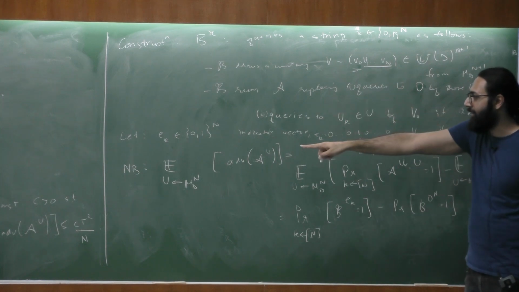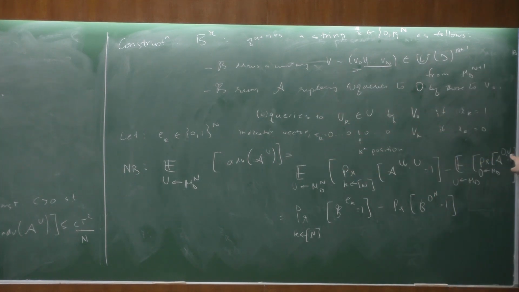That's exactly the setup that we had here, that O is sampled independently and the U are independent. There's no correlation between O and U. So this corresponds to exactly the case where B is given 0 to the capital N.